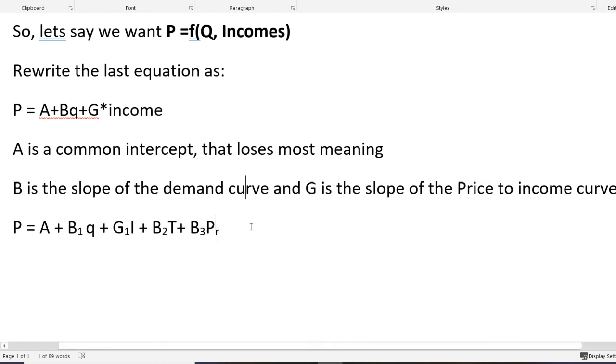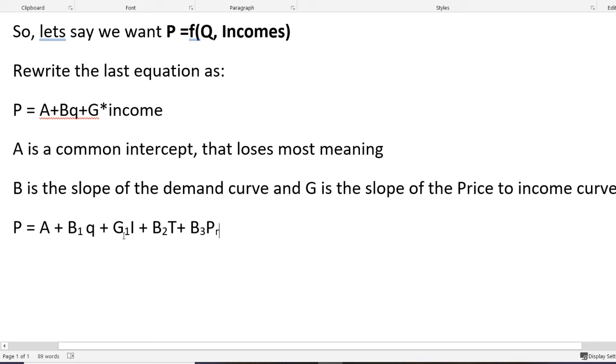Right, so we could have now a reduced form equation that gives us interesting information. So the B1 gives us the responsiveness of price to a change in quantity, and that's a slope of the demand curve. G1 gives us the responsiveness of price to a change in income.